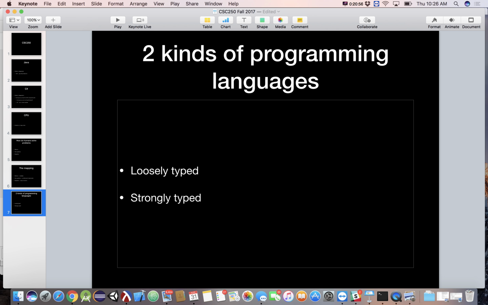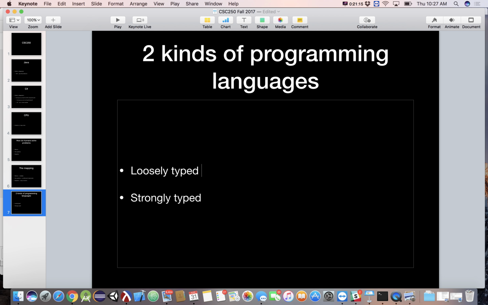If you create a variable called my age, and you're going to hold your current age in there, chances are, because of your intention of that variable, you're probably always going to put a number in there, right? But the point is, in a loosely typed language, you don't have to. It doesn't have to be a number.